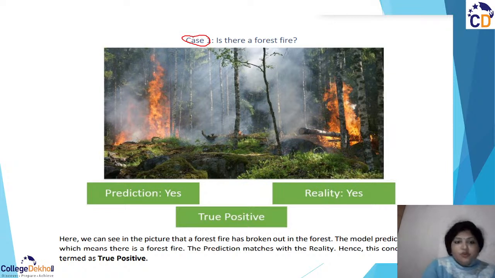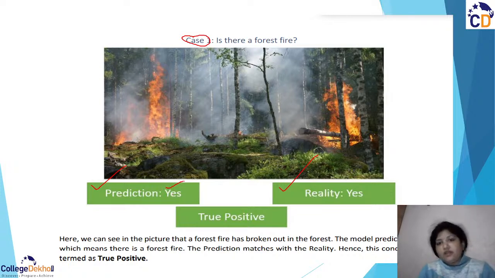You have two variables here, prediction and reality. Now you check. The prediction is yes, your model is trained and predicts there would be a forest fire, and in reality it happens. It matches with your prediction, it matches with your outcome.